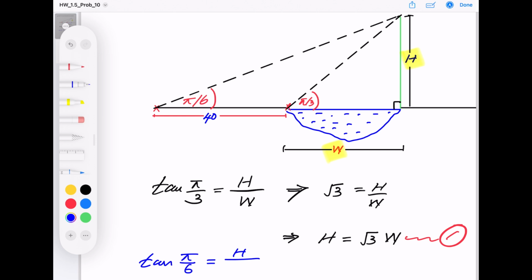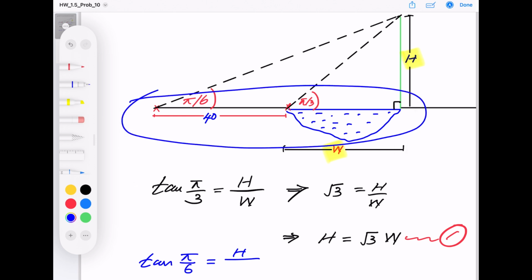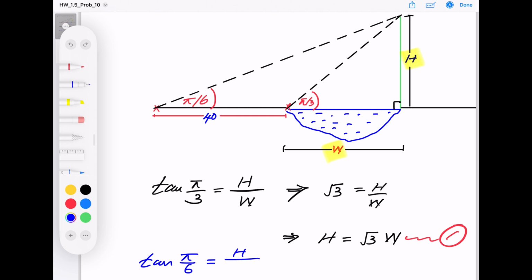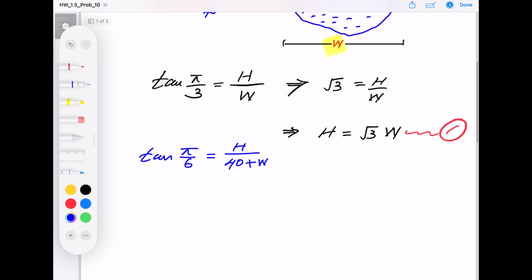Adjacent is all of this side. The complete length of that side is 40 plus w. All right. And we know that tangent pi over 6 is equal to 1 over square root 3. Therefore, that should be equal to h over 40 plus w.